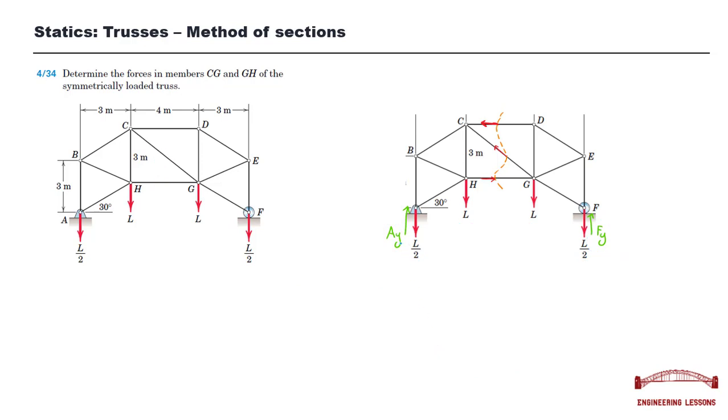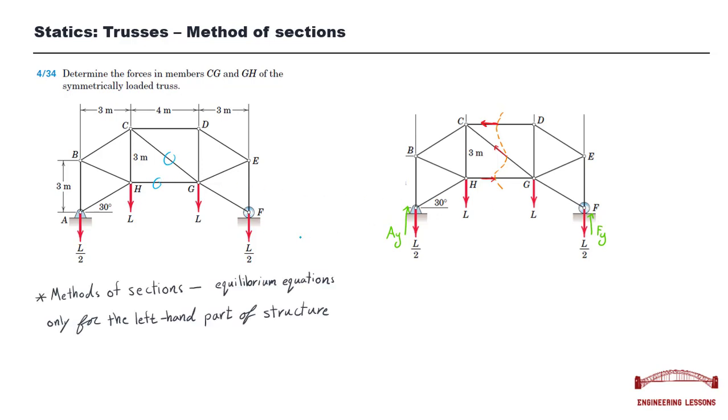Right now, knowing our support reactions, let's cut through the structure and cut our desired members, which are this diagonal and lower chord in our structure. So just consider the left hand part of the structure.